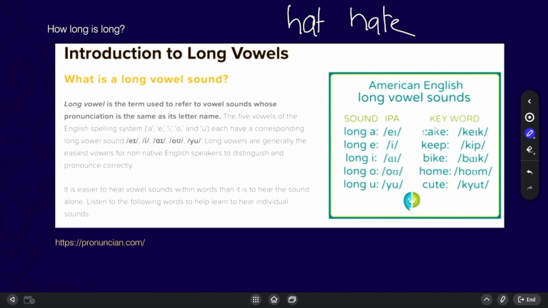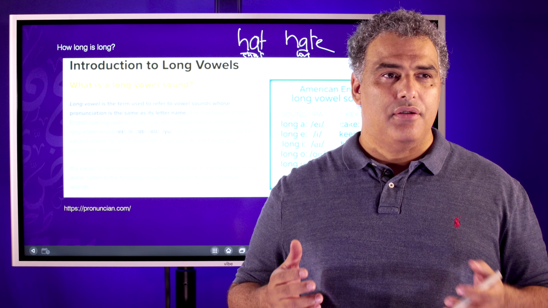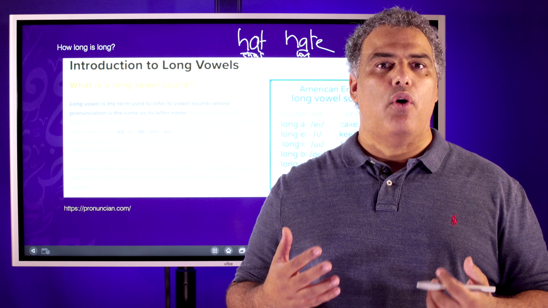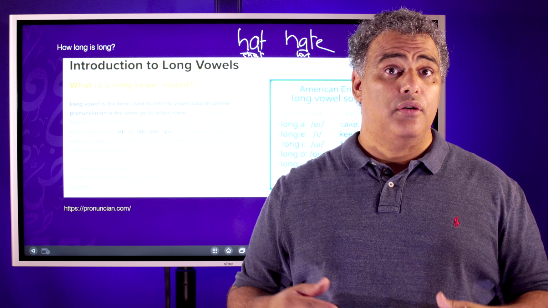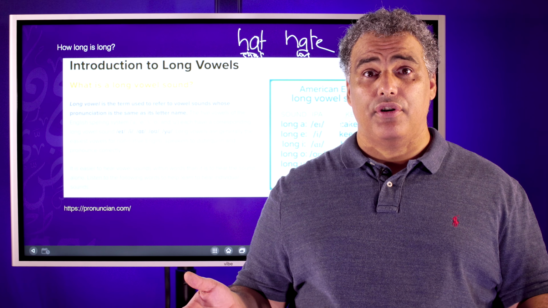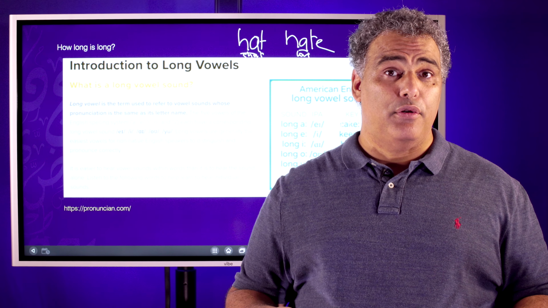You learned that this is a short vowel and that this is a long vowel. Same thing for keep, bike, home. These are all long vowels for O, I, and E. So basically in English, the letter is qualified as producing a long or short sound, and therefore it's going to be a long vowel or short vowel.